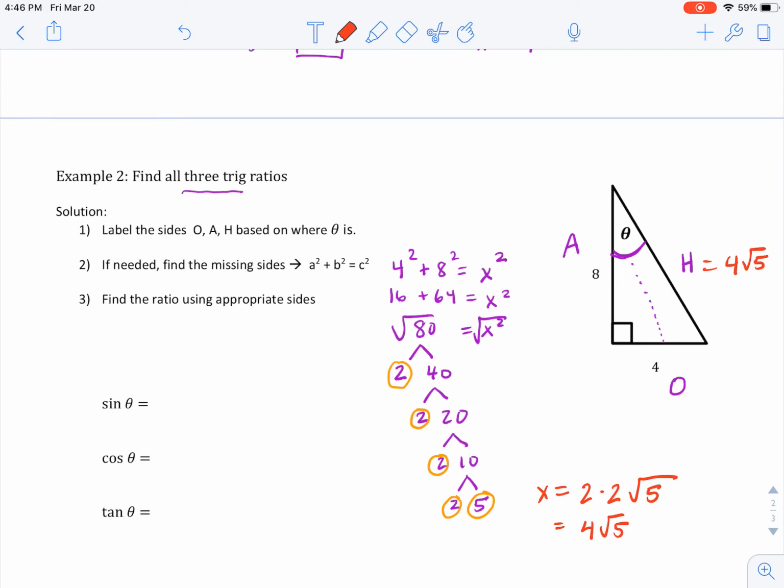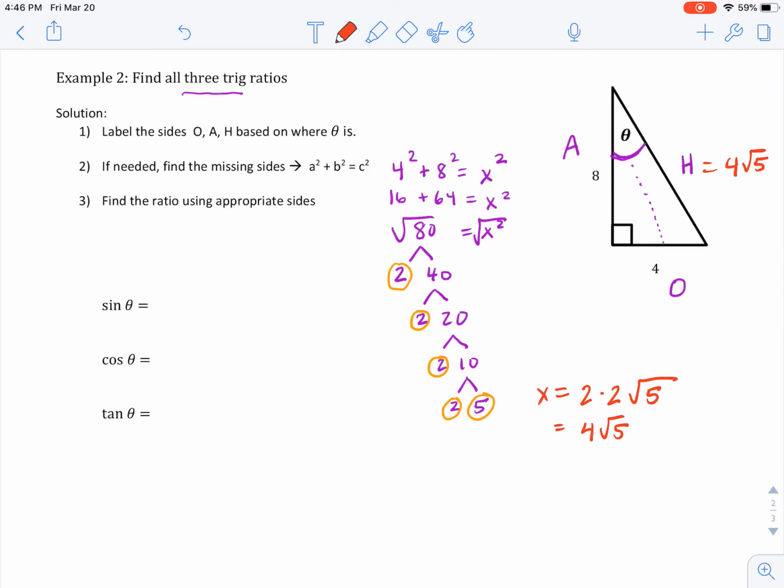So we have all 3 sides, and now we can find all the trig ratios. Sine theta, SOHCAHTOA. You can say that in your head and help you remember which trig function goes with which sides. So SOH, opposite over hypotenuse. The opposite is 4, and the hypotenuse is 4 root 5.